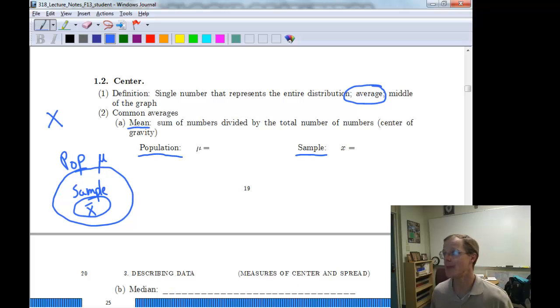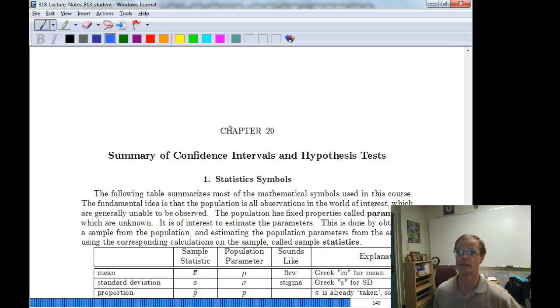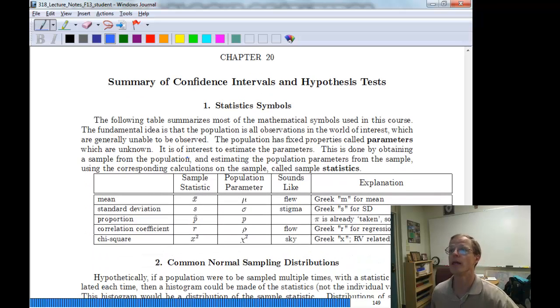Well, if you'll turn back in your notes, it's chapter 20, I've got a table that has the mean for the population parameter. It's mu. Okay, mu sounds like flu. I give a little indication for it here.